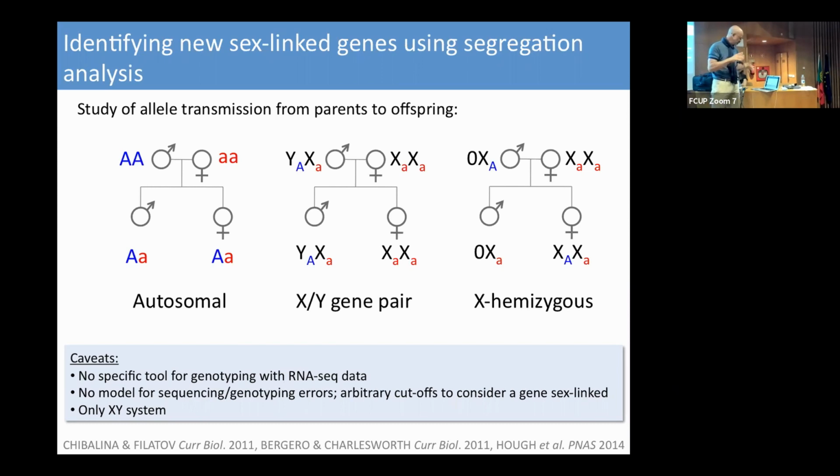I'm going to show you how we can do it later. For all the markers, they looked at whether the pattern of transmission was autosomal, XY, or X hemizygous. The problem is genotyping data are data, and there are errors in data, and their way of dealing with that was not satisfactory. They used arbitrary cutoffs.